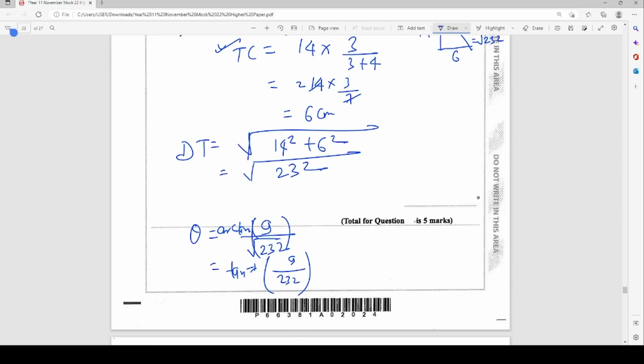Let's use our calculator and find the value. It is under the square root, so I will use the trigonometric function in my calculator. Tan inverse of 9 divided by the square root of 232. Enter. I'm getting the answer in radians, so I will change it.